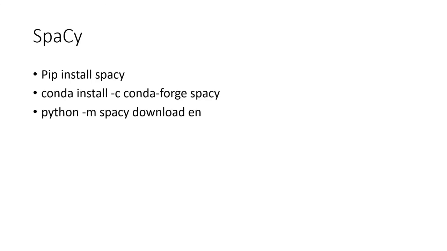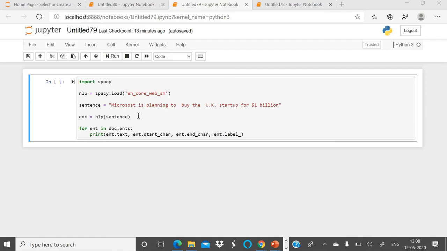I will show you a simple program in Jupyter notebook that is very easy to understand. When I run it, you will understand how it separates names, entities, organizations, and money.